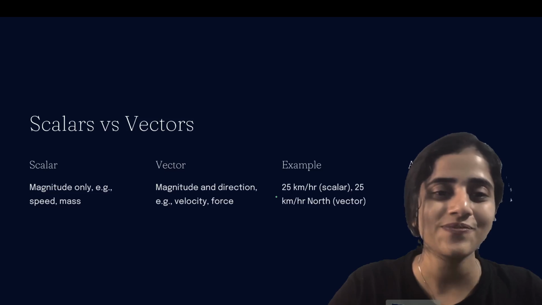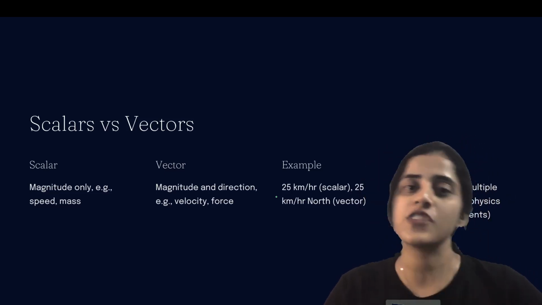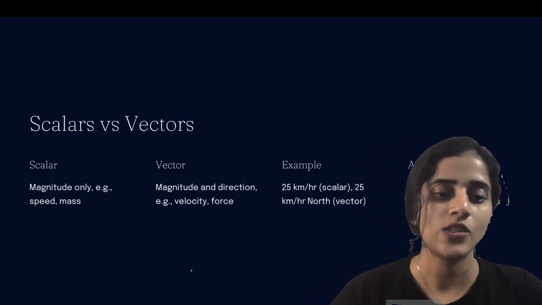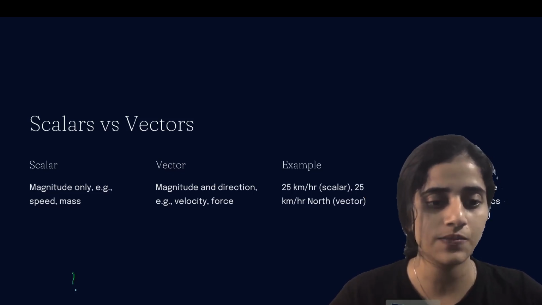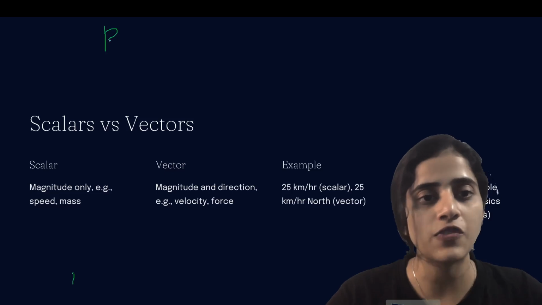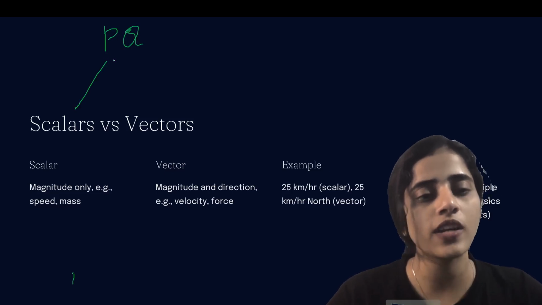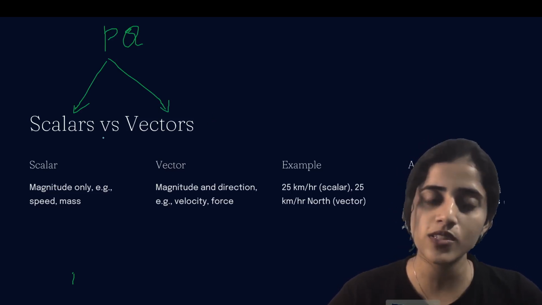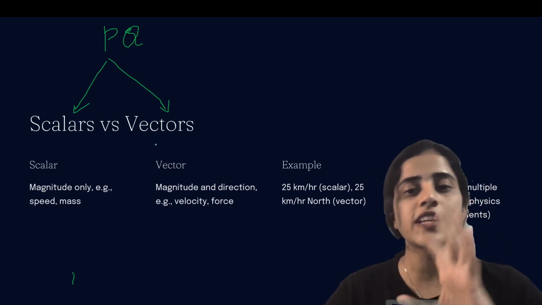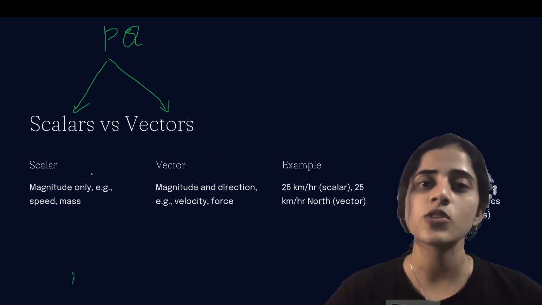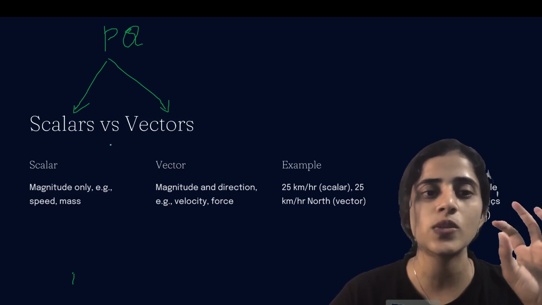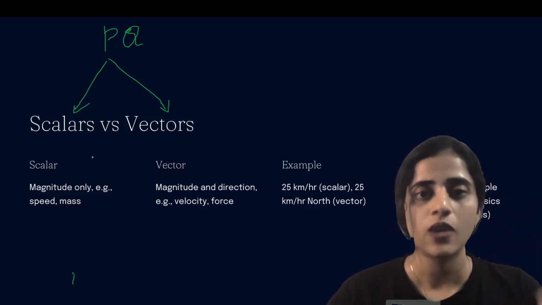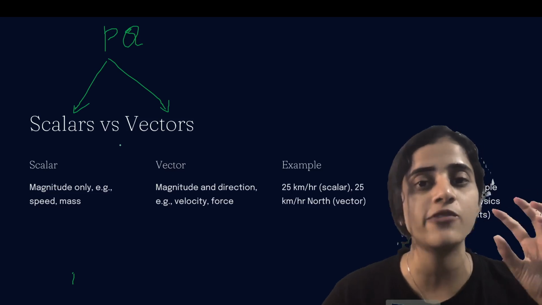Now there are two kinds of physical quantities. If you have a physical quantity, you can divide it into two: scalar quantities and vector quantities. What are scalar quantities? What are vector quantities? Scalar quantities are quantities which have only magnitude. What do you mean by magnitude? Which have only value.